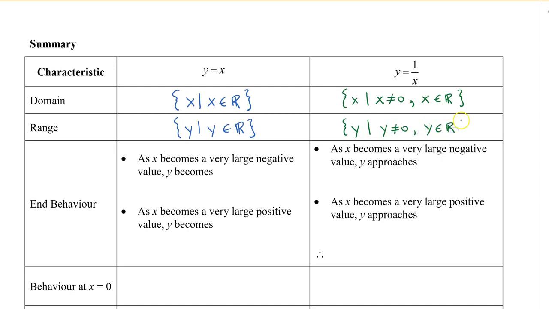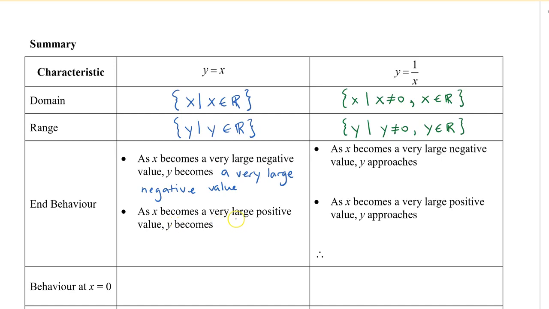Now imagining the line, as x becomes a very large negative value, y also becomes a very large negative value. So whatever x does, y also does.